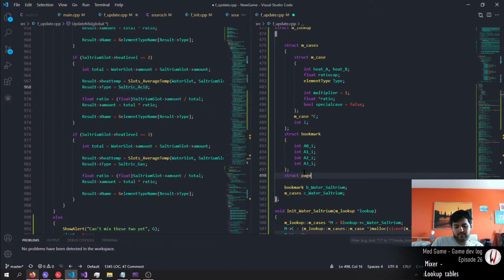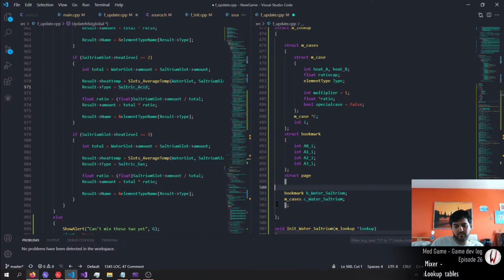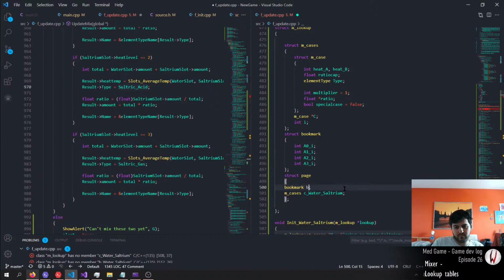Struct page, and inside of this page I will put bookmark, B, and cases C. So like inside of these pages, that's all.